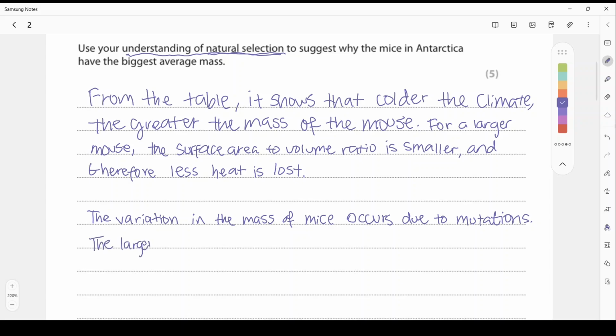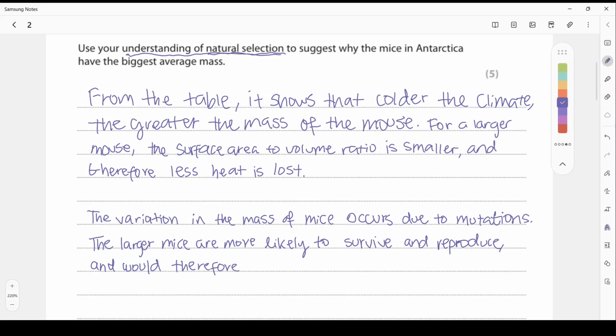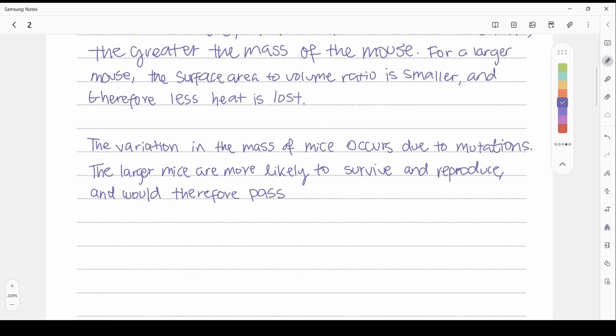The larger mice are more likely to survive and reproduce, and would therefore pass their alleles to their offspring.